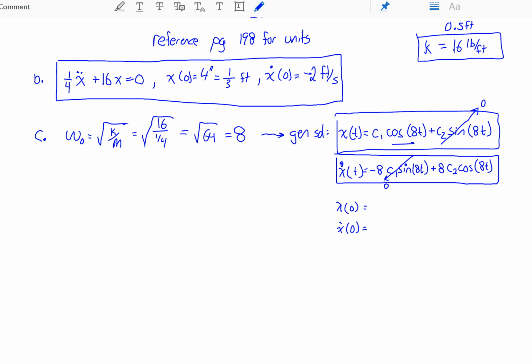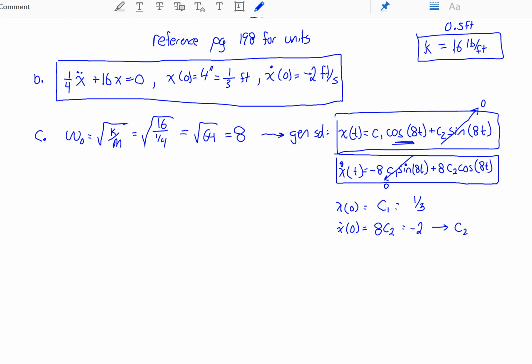And also remember the cosine of 0 is 1. So we just get C1 for your position function and 8C2 for your velocity function. And from our IVP, we know that C1 has to equal the 1/3 and 8C2 has to equal -2.